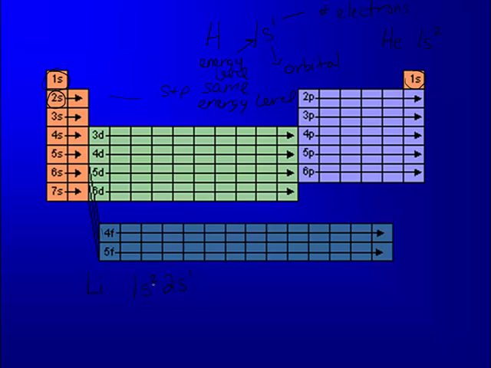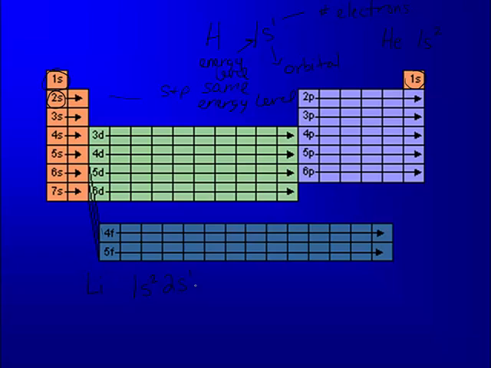So the configuration of lithium is 1s2, 2s1. How do I know? Do I have a double check? Yes, add up your superscripts. They have to add up to the atomic number, which means it's adding up to the electrons. Lithium is atomic number 3, therefore 3 electrons. I've just found a home for all 3 electrons.